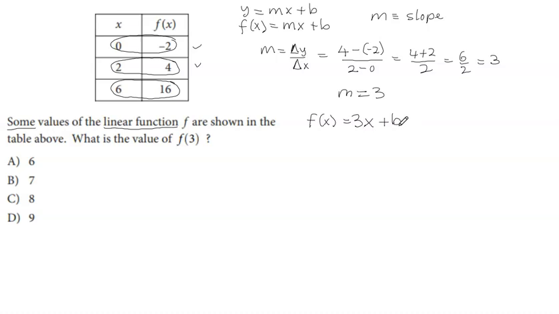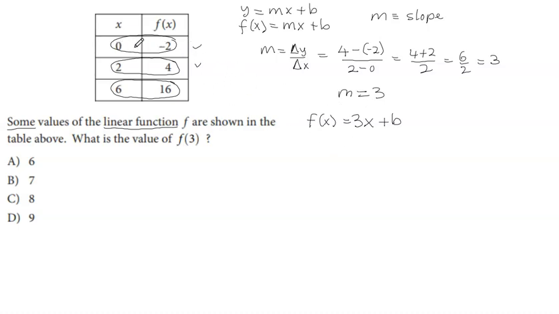Remember, we are being told that this is a linear function. For the intercept, I can pick any of the points, any of the coordinates. I would normally pick the one with the smaller values, so it's quicker, especially this one has a 0. So let's use that.